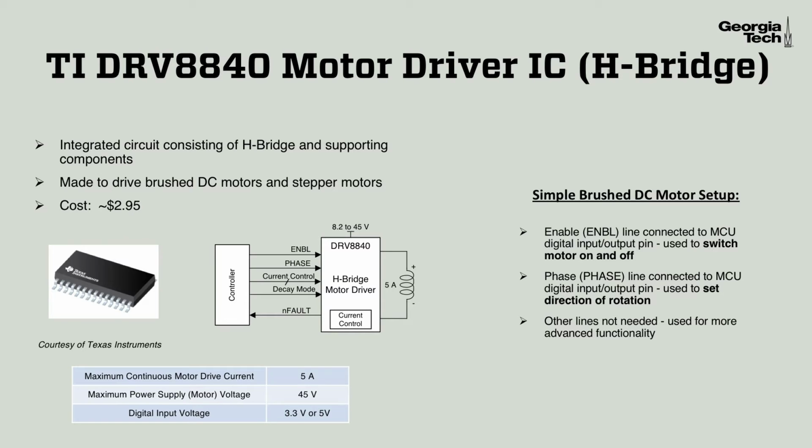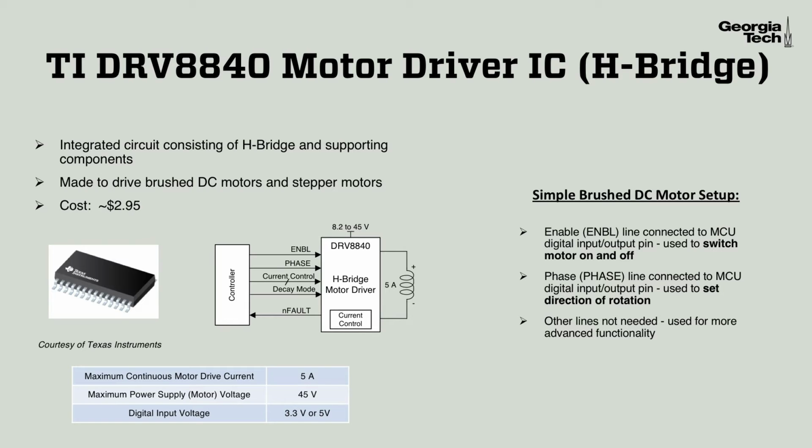Now there's a few other lines that you can connect as shown in the diagram for more advanced functionality, but from a simpler standpoint, all you really need are those 2 output lines, the enable and phase lines. So with 2 wire connections between the microcontroller and the H-bridge, you can turn the motor on as well as switch the direction.